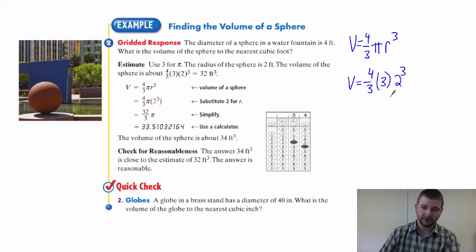Since we know our diameter is 4 feet, radius is then 2, and we continue to simplify. Therefore, in our approximation, 4 times 8, 32, and of course in volume we're referring to cubic feet. Volume equals 32 cubic feet, and that really should be an approximately equal to, given that we were finding an estimate.